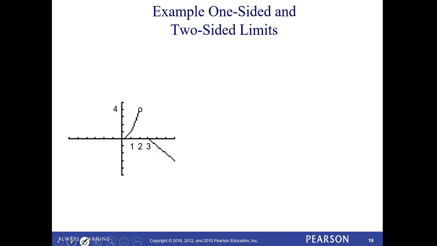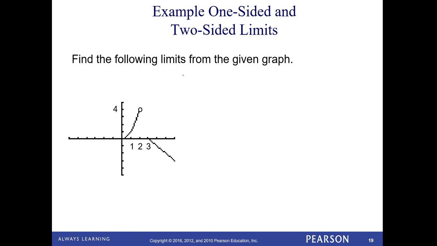So here is a graph, and we want to find some limits from the given graph. So let's look for the limit, and draw this diagram on your paper, as x approaches 0 from the right of this function. Coming from the positive side, from the right towards 0, it looks like this graph comes down and gets closer and closer to 0.